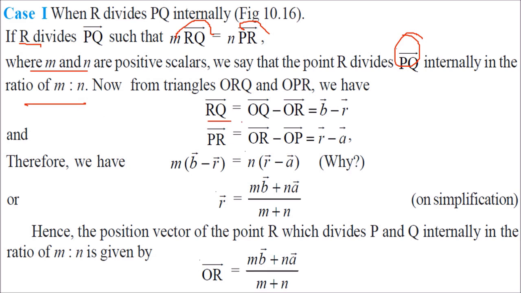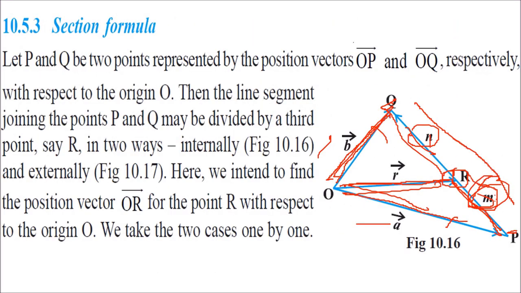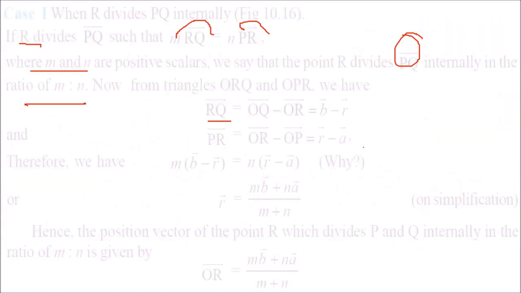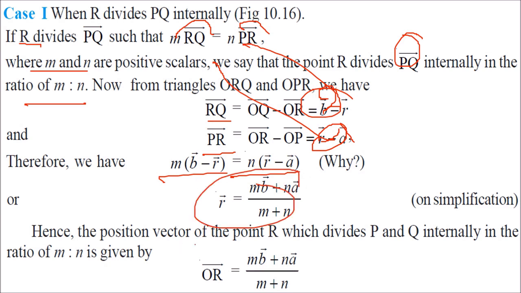Now RQ will be OQ minus OR, which is simply B minus R. Similarly, PR is R minus A. Just place these two in this equation. You get M(B minus R) equal to N(R minus A). Just rearrange it, and you'll get this. So this is a vector which is dividing two vectors internally.